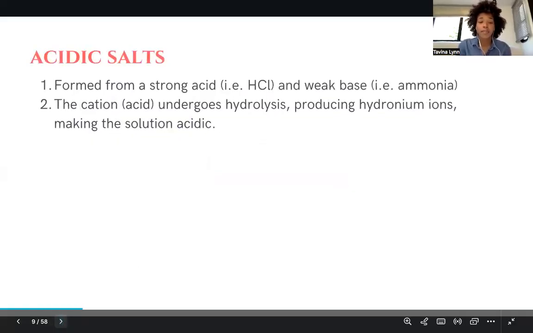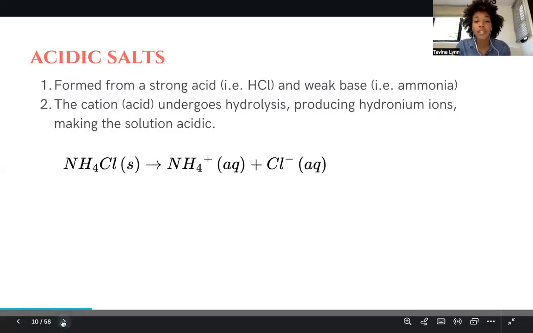Acidic salts are formed from a strong acid in combination with a weak base, like ammonia. The cation, or the acid, does undergo hydrolysis, and we end up forming hydronium ions, which is what makes the solution acidic. So here's an example.